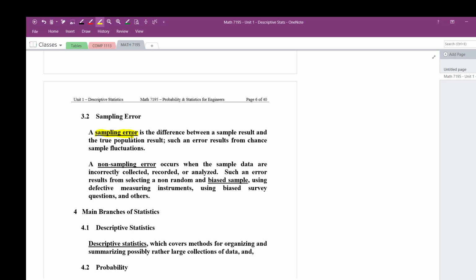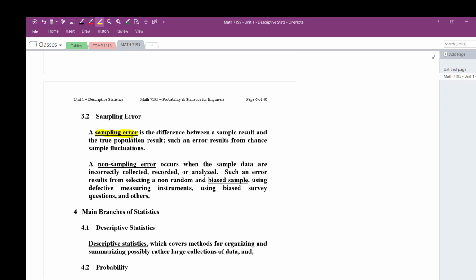Say I've marked 30 papers out of 36 students, and I just can't wait for the final results, and I calculate the mean of those 30 students. The mean of those 30 will probably be pretty close to the mean of the whole group of 36, but it won't be exactly right.